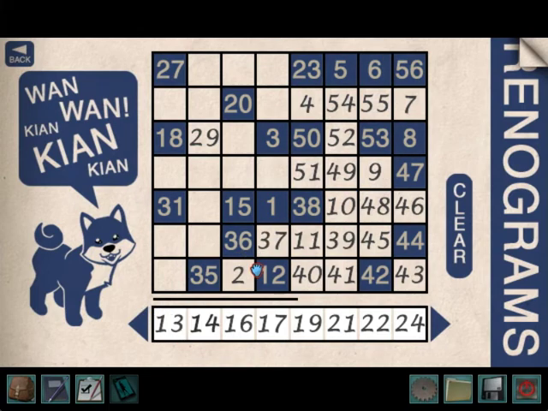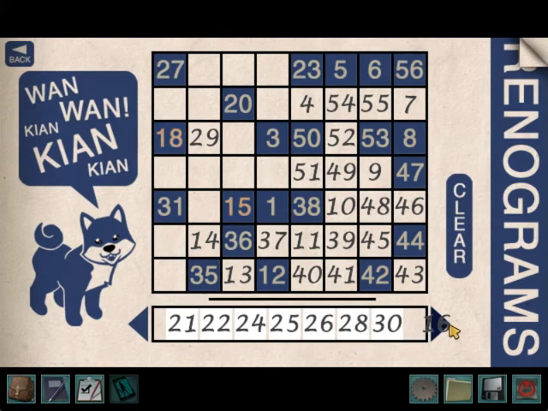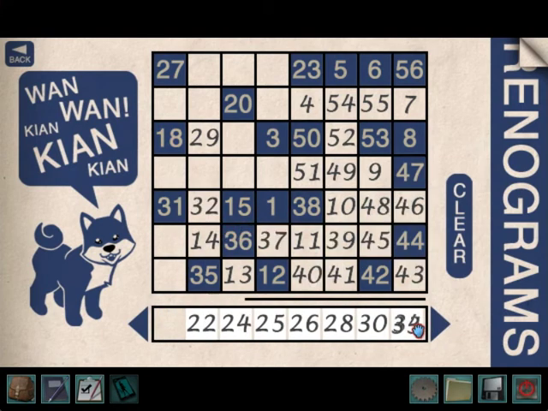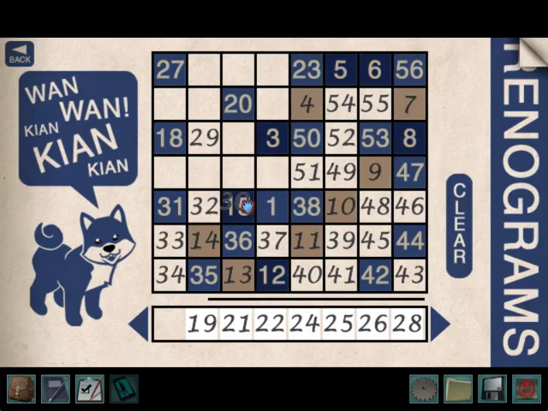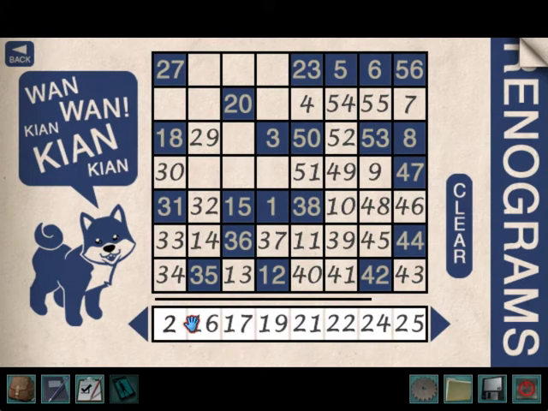Okay, so 13 and 14... No, not 2. 14 can go there. Okay, and 32 through 34 are pretty obvious, I think. There we go. And... Ooh, 15... Yeah, it has to go like this in order for 16 and 17 to fit.